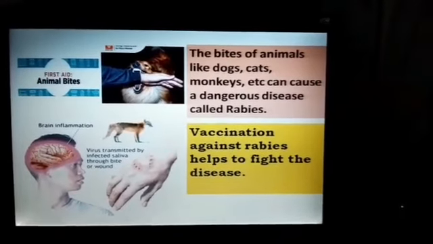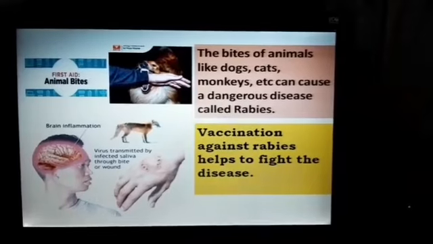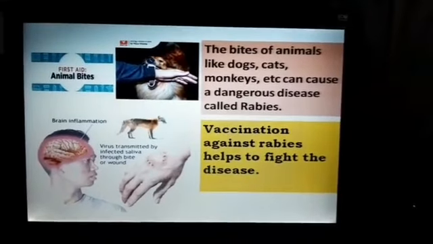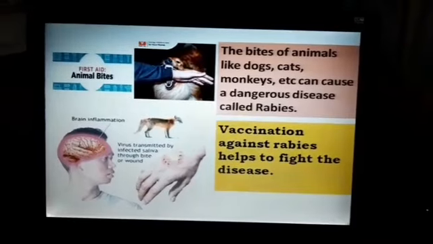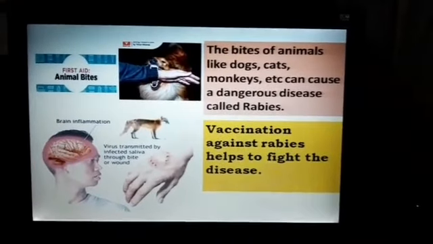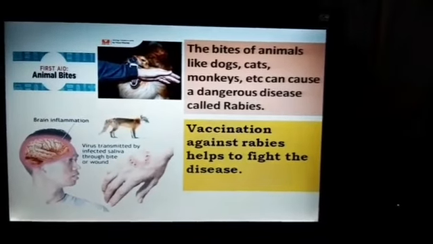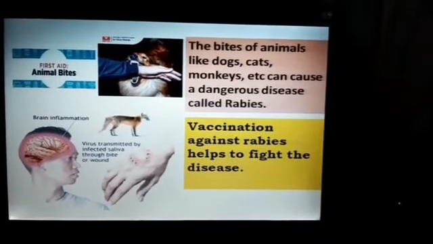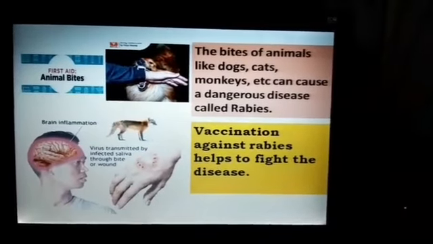It is a fatal condition which is the result of being bitten by an infected animal. And this disease-causing virus spreads through the animal's saliva after the bite. And vaccination is available for rabies, which helps to fight the disease.